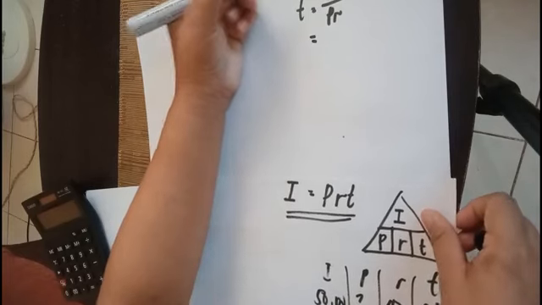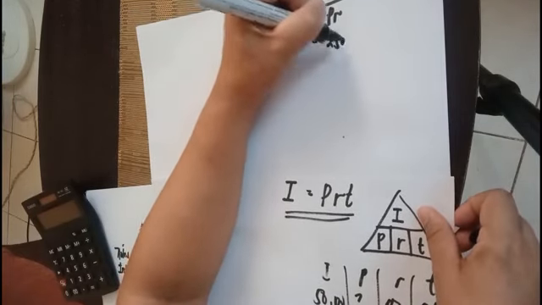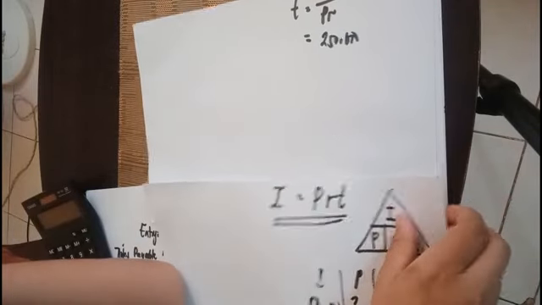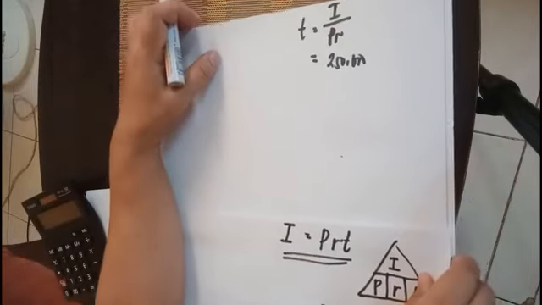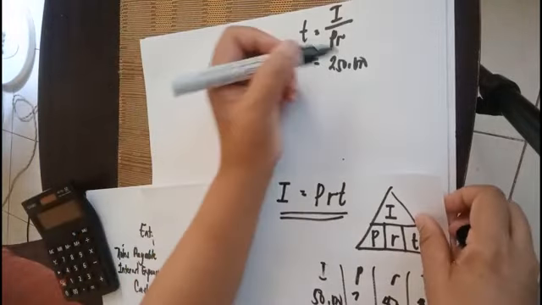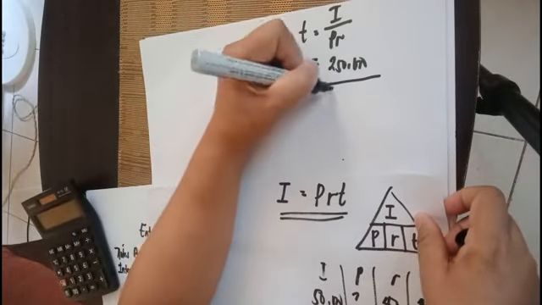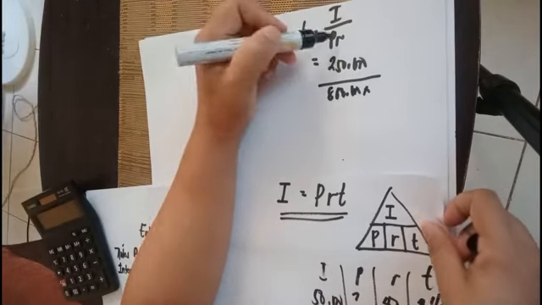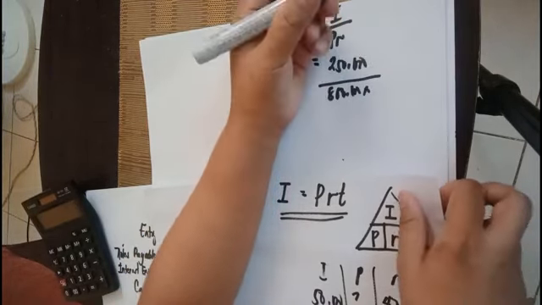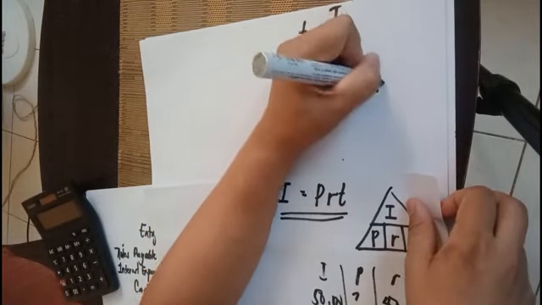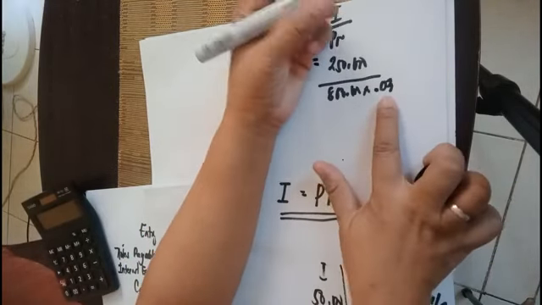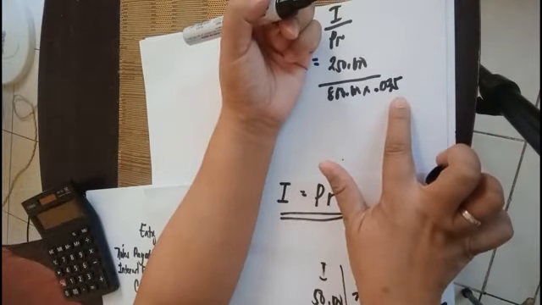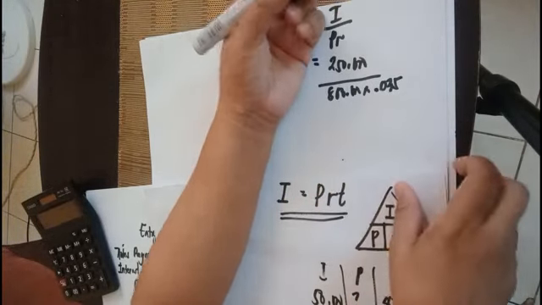So the given interest is 250,000. And then we have the principal of 800,000 multiplied by the given rate, which is 3.5%, or 0.035.